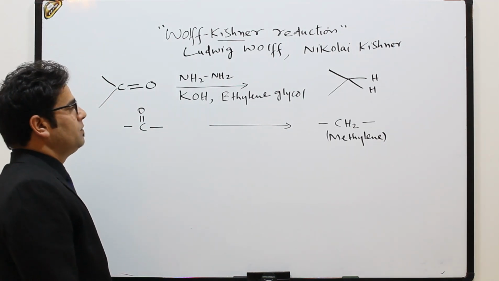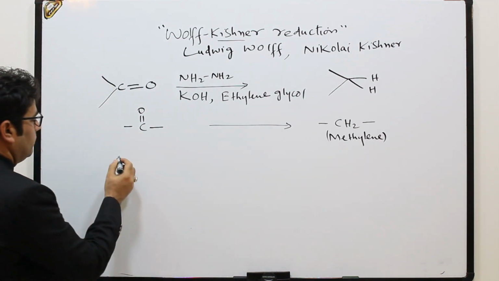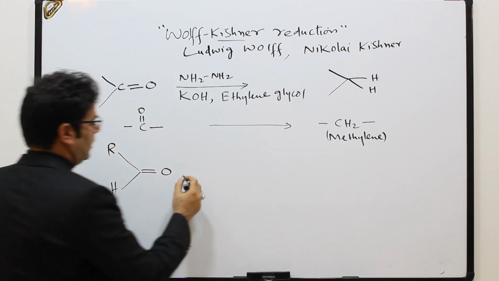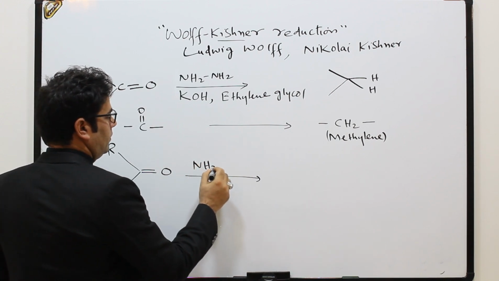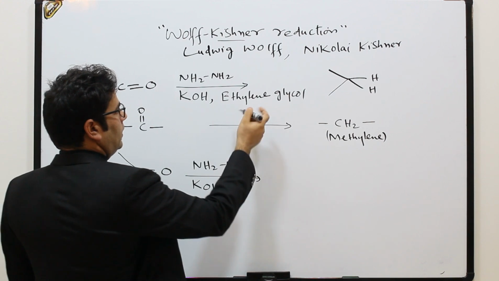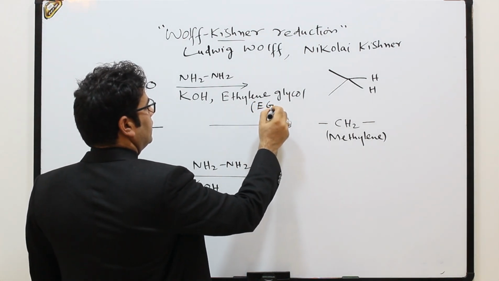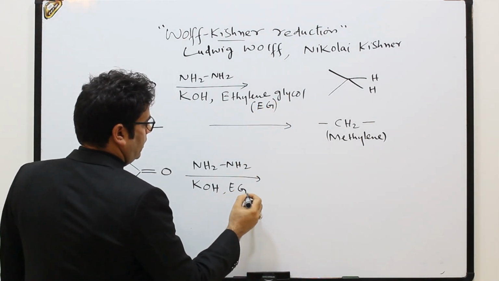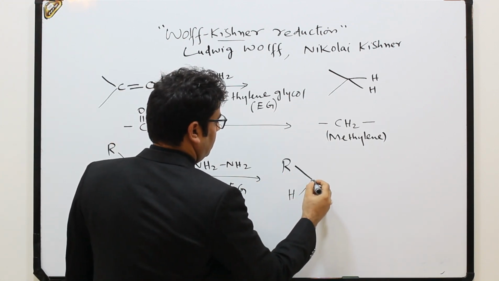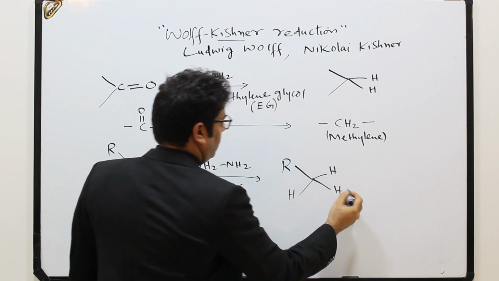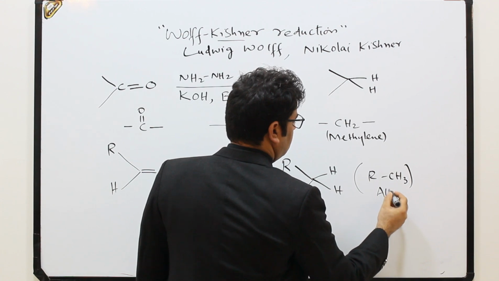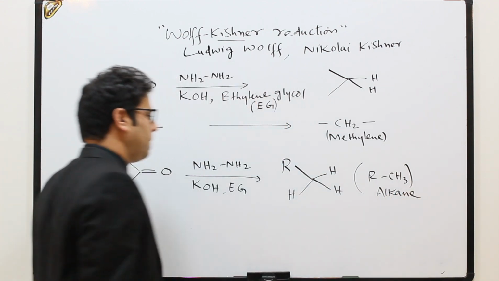Now this reaction is for both aldehydes and ketones. For example, if I take R and H, in the presence of NH2NH2, KOH, and ethylene glycol, which I will write as EG in short, it will give us RCH3. This is an alkane.